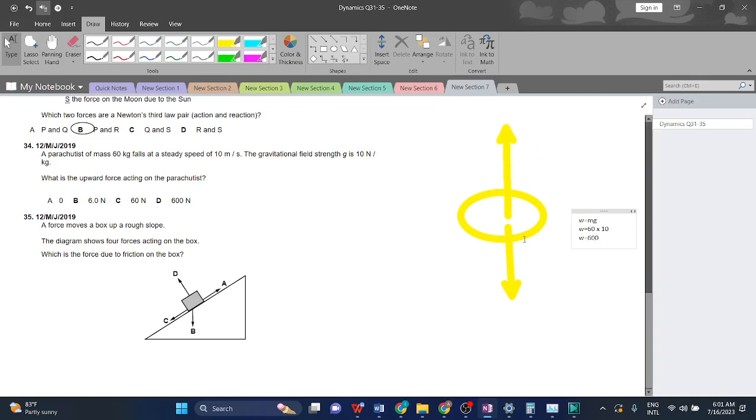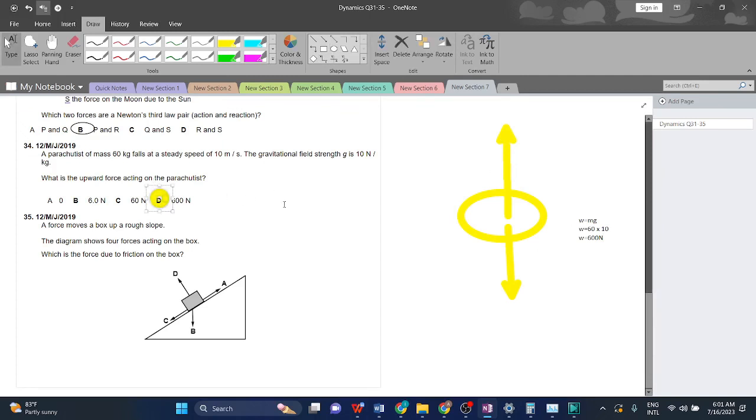So if the downward force is 600 newtons, the upward force must be 600 newtons because it has hit terminal velocity. The object is no longer accelerating and the upward force is equal to the downward force. So weight is the downward force and air resistance is the upward force, and since they are equal we can use this same value. So D is the right answer.